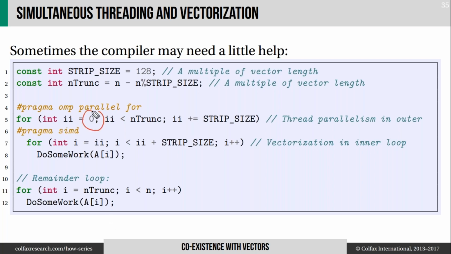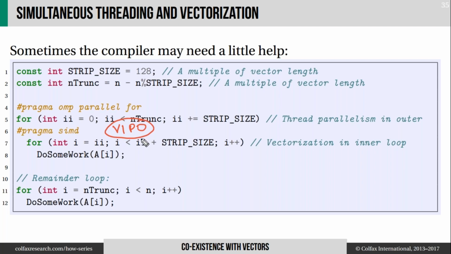I have an outer loop going from 0 to n with a certain stride, that is a tuning parameter of my application. And inside of that loop, I have little i going from ii to the next value of ii with a stride of 1. So I do the same work in the same order. I just write it as two loops so that I can vectorize inner and parallelize outer.